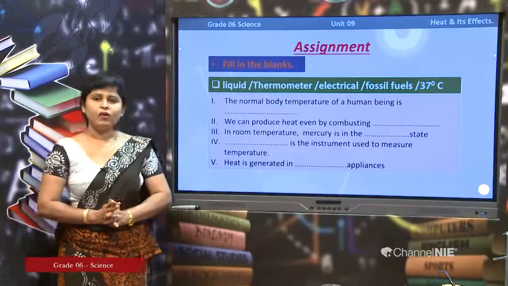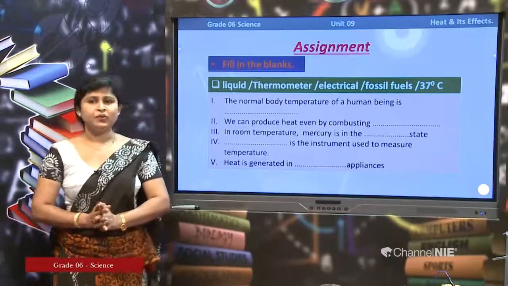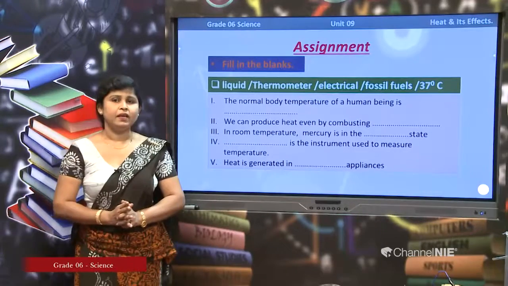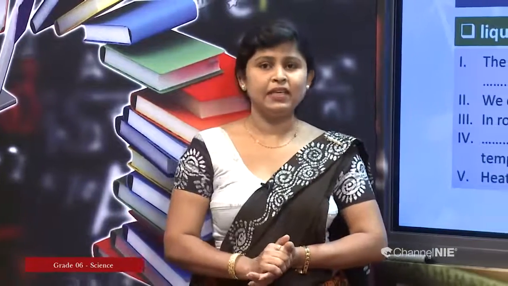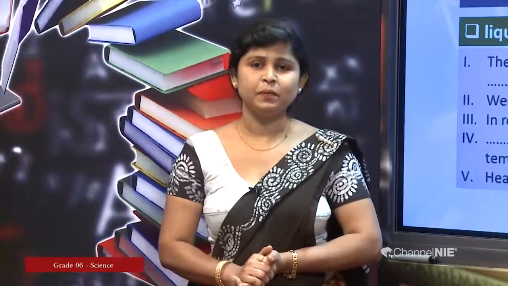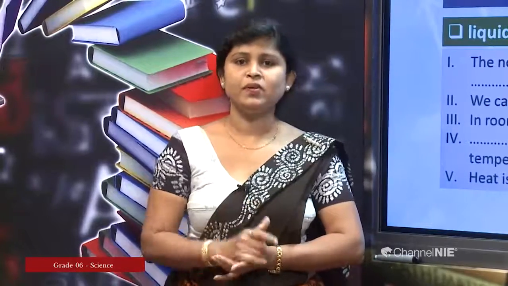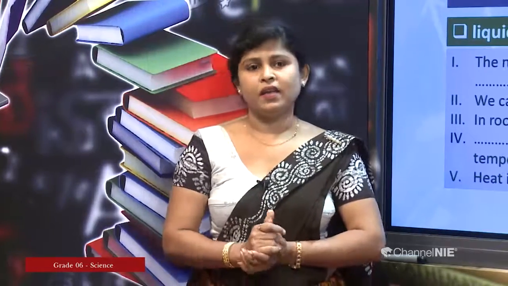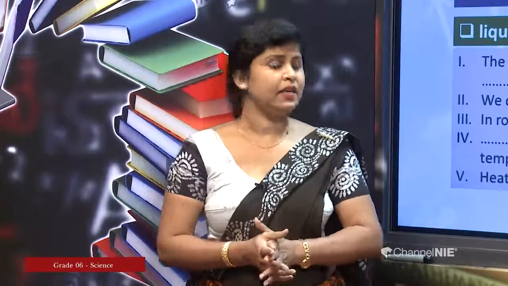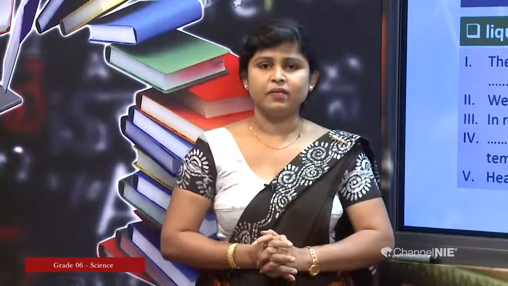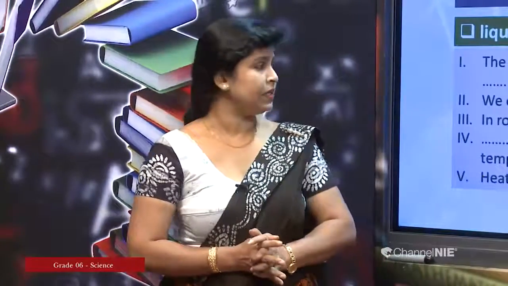Now, I want to check whether you learned what I taught you, right. I discussed heat and explained that heat is a type of energy, what the methods of producing heat are, the instances where we obtain heat, and the instruments where we obtain heat.